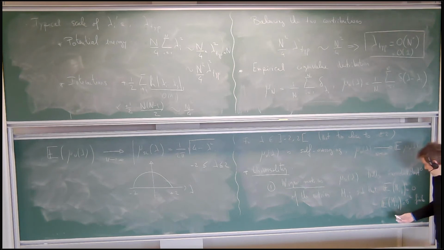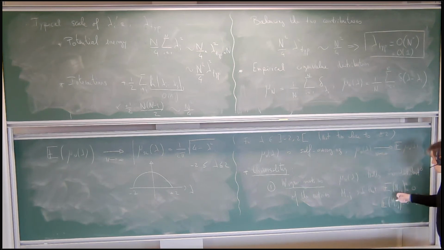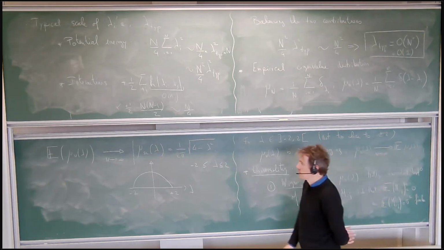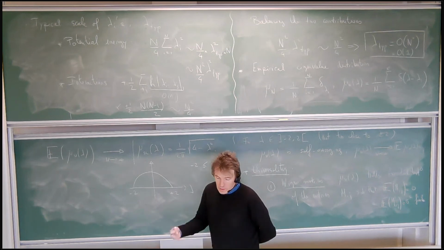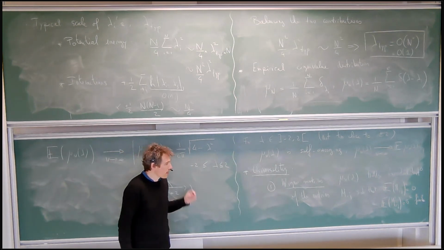And in principle, the third, the fourth moment can be anything, including infinite. But provided I have this statement here, these properties, then eventually in the large n limit, I will end up with the Wigner semicircle. Okay, so it's a kind of central limit theorem, if you want, for random matrices.